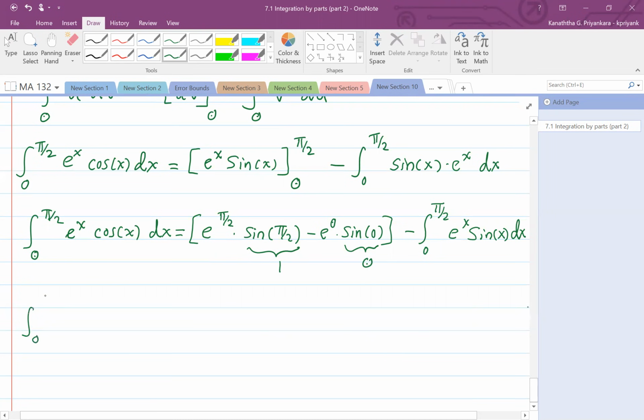So we have 0 to pi over 2 e to the power x cosine x dx is e to the power pi over 2 minus, so this term is 0, so we can ignore that term, minus the integral from 0 to pi over 2 of e to the power x sine x dx.